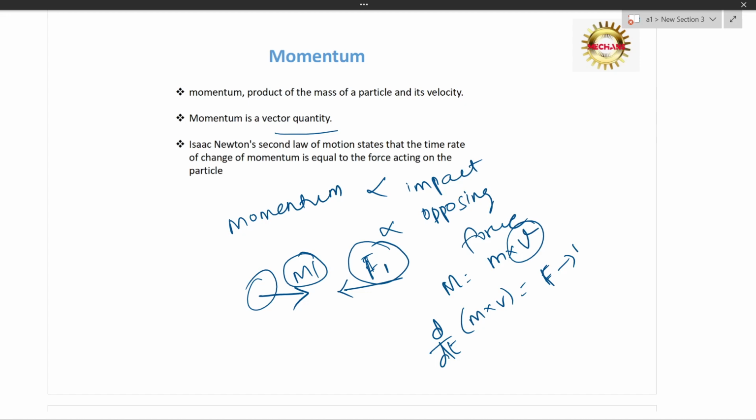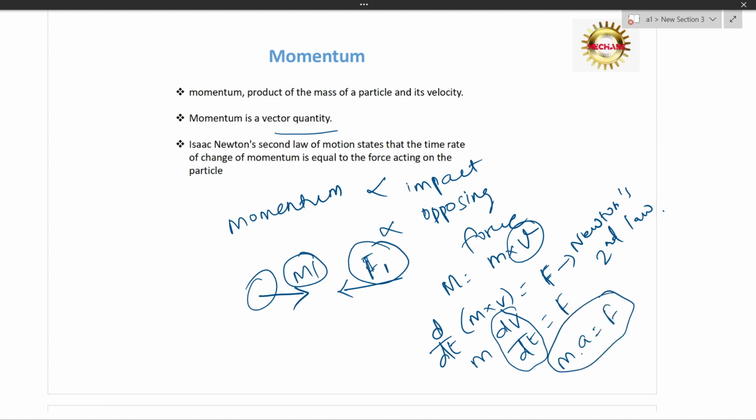So what does that mean? If the object's mass is constant, we take it out, and this is force. So dv divided by dt is the acceleration. So F is equal to ma. This is what we know as Newton's second law. But the actual definition is that the rate of change of momentum is equal to force. That's Newton's second law.